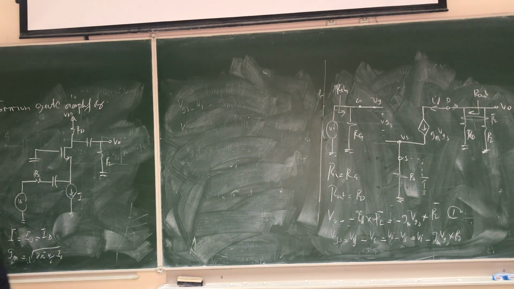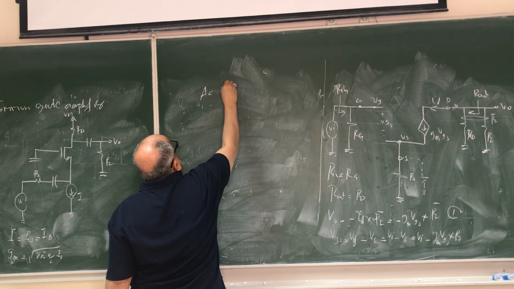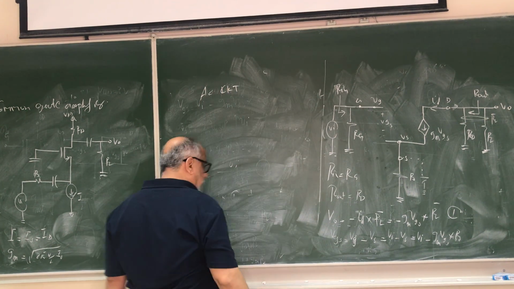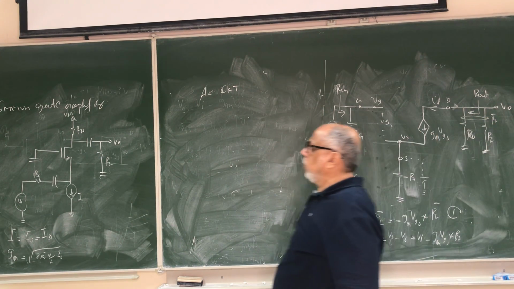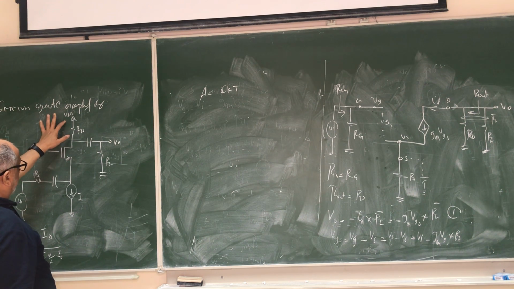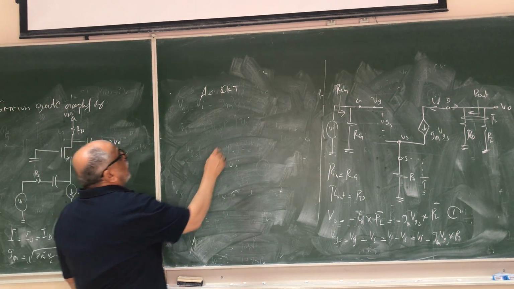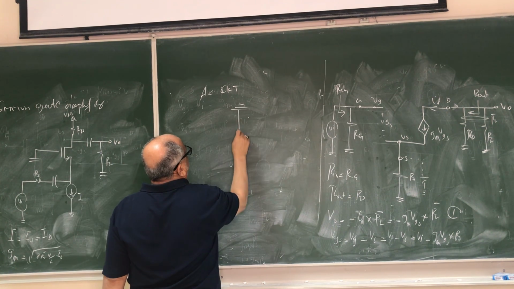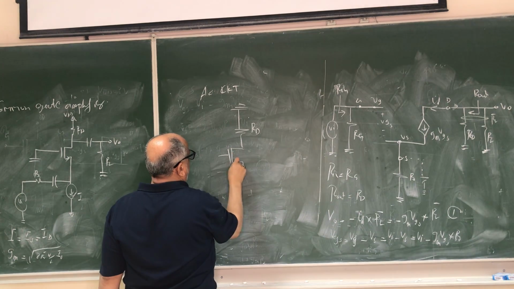Okay? Now for the AC circuit, we have to short any DC voltage source, or make any DC current source open. If it is voltage source, we make it 0. If it is current source, we make it open. So my AC circuit will be something like this. We have RD, the transistor.